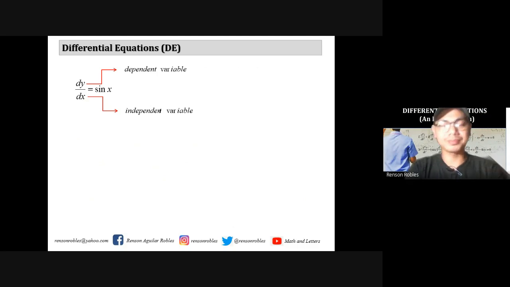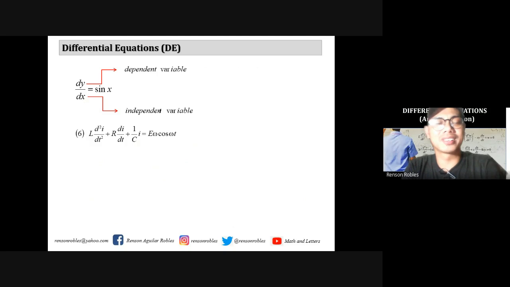From our example, equation number 6, you have L times the second derivative of I with respect to t, plus R times the first derivative of I with respect to t, plus 1 over C times I equals E omega cosine of omega t.